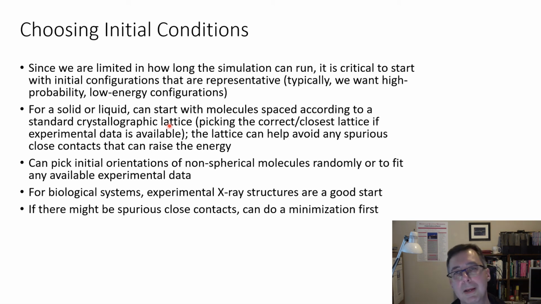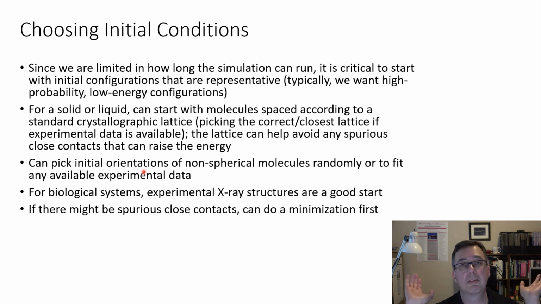If it's a liquid, it may not be in a perfect lattice, but I can still maybe start off with some kind of crystallographic lattice as a guess geometry, and that could still get me reasonable distances between atoms and reasonable densities. I can pick initial orientations randomly if I have non-spherical molecules. So maybe I know about how far apart the molecules are and I can get that right, but I don't always know which way this one is twisted compared to this one.